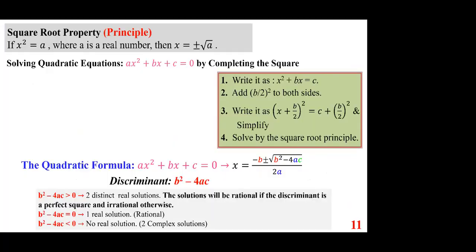All right. Let's discuss a couple of things here. Let's start with the square root property. If x squared is a, then x is plus or minus the square root of a.